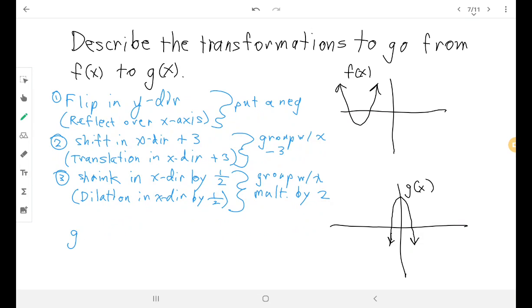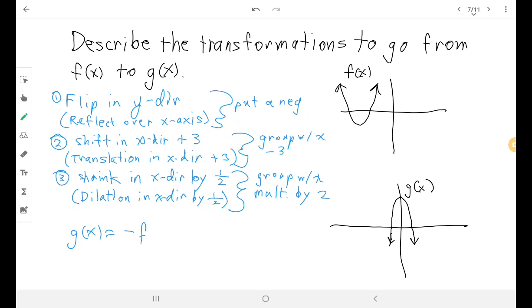So now we can actually figure out how we would have to modify f of x to go to g of x, okay? So this g of x, if I apply all the modifications that I've got written down to f of x, it'll tell me how to do this. So first of all, put a negative out front of it, okay?